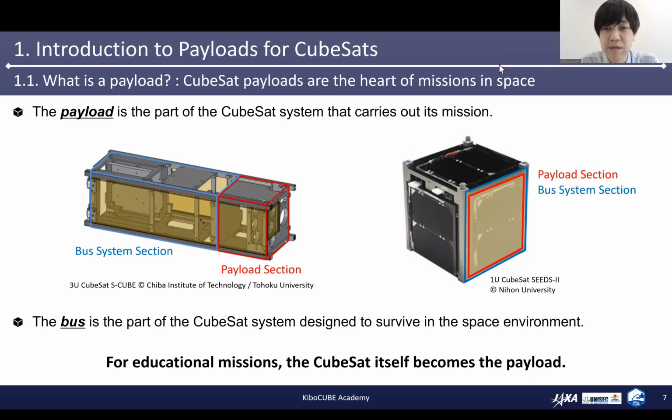In the case of this 3U CubeSat example, 1U is assigned for the payload instruments. 2U is assigned for the satellite bus system. In the case of the 1U CubeSat example, payloads and bus system are mixed. For educational missions, the CubeSat itself becomes the payload and accomplishes the educational objective.